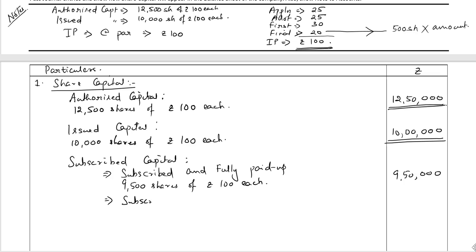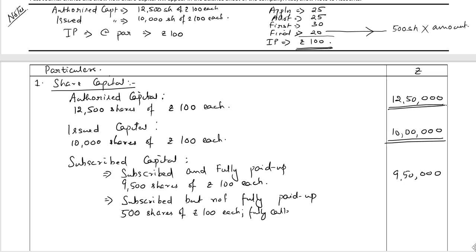Under subscribed but not fully paid up, we will have 500 shares of rupees 100 each, fully called up. The amount is 500 multiplied by 100, which is 50,000 rupees.